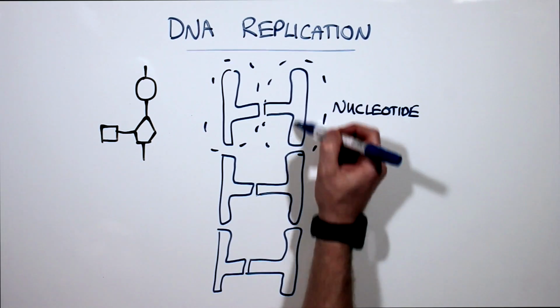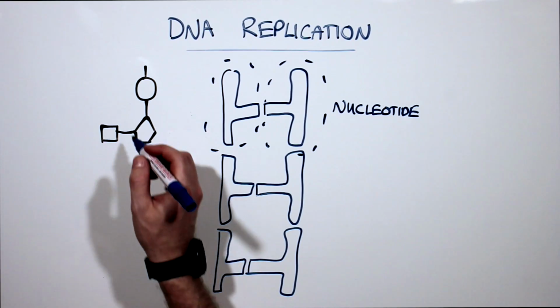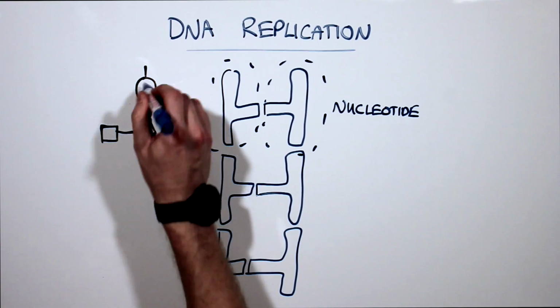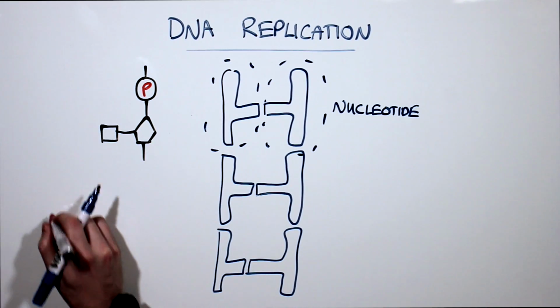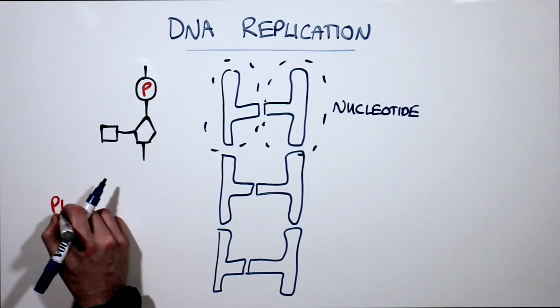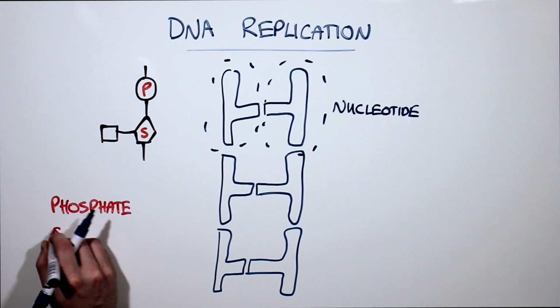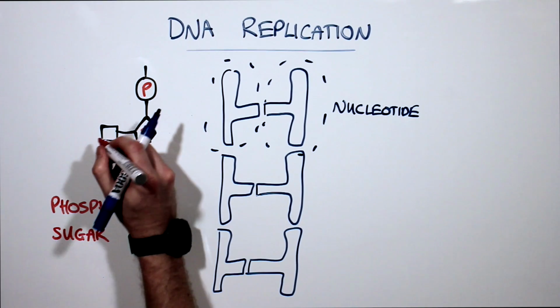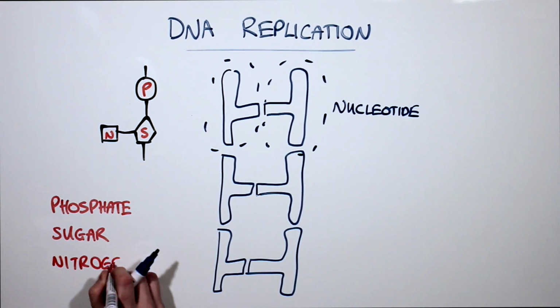I hope you can see it's still got the same T shape, but this time you can see that each nucleotide is made up of 3 components. And those components are, first of all, a phosphate, second of all, a sugar, and then thirdly, a nitrogen base.